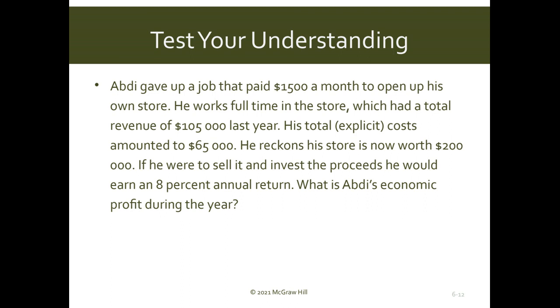He works full time in the store, which had a total revenue of $105,000 last year. So he made $105,000 total revenue. His total explicit costs only, that is out-of-pocket expenses, amounted to $65,000. He reckons his store is now worth $200,000.